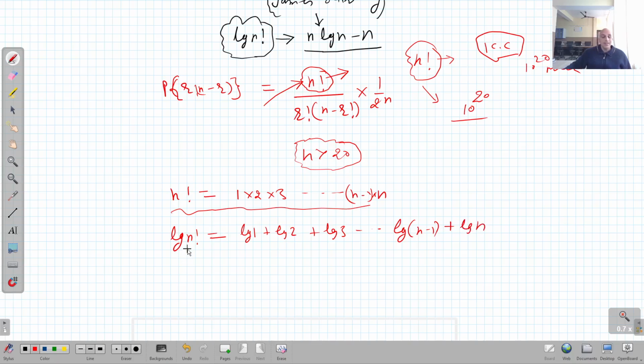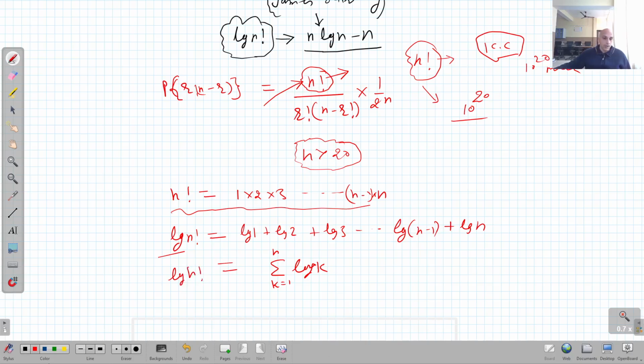Here log is a natural logarithm, base e. So now I can write it as the summation, with k going from 1 to n, of log of k. So this is log of n factorial.